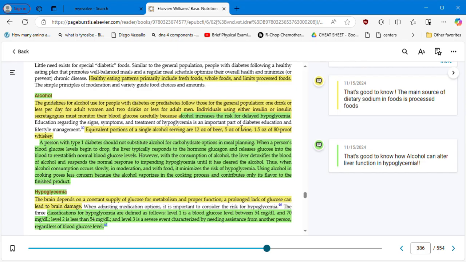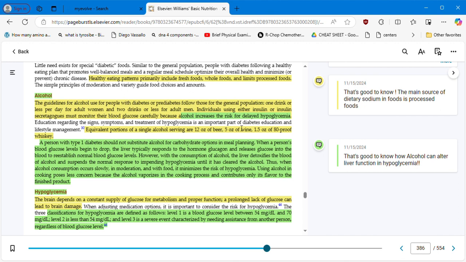So when a person's blood glucose level begins to drop, the liver typically responds to the hormone glucagon and releases glucose into the blood to reestablish normal blood glucose levels. So we understand this concept already, right? The mechanism of action of glucagon, the liver, and the release of glucose.